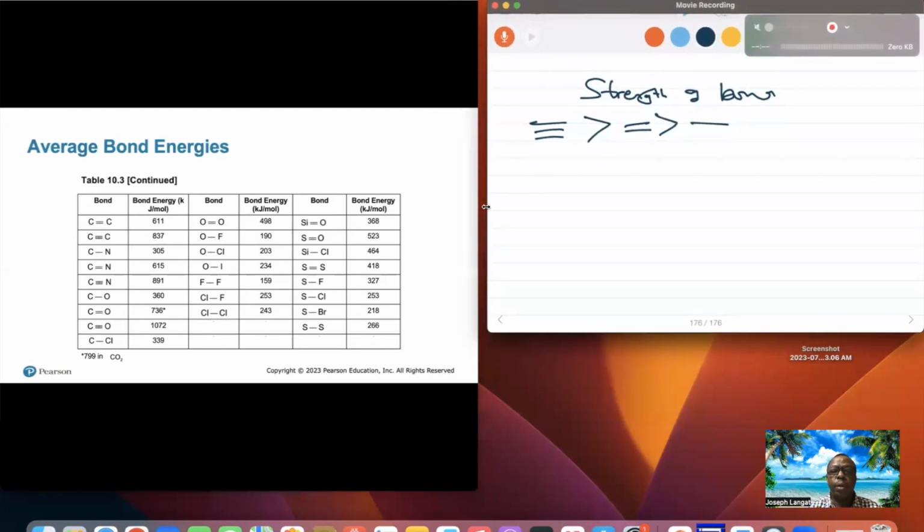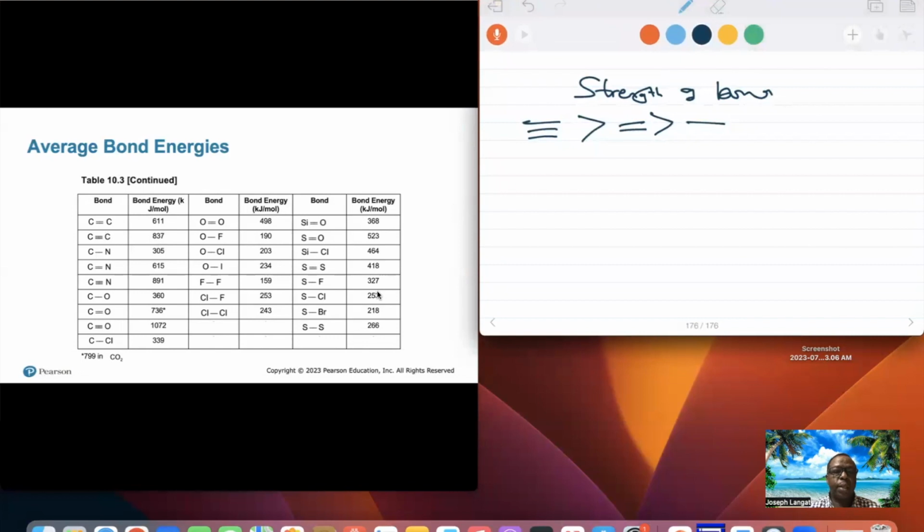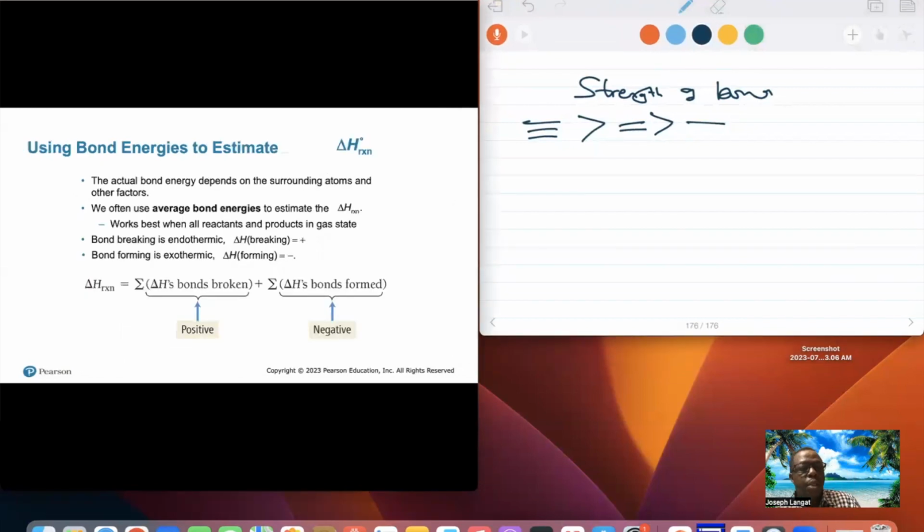Now, don't worry about memorizing the bond enthalpies or bond energies. This is the most important: I want you to look at the equation, which I'll give you in the exam. It is the summation of the bond energies broken in the reactants, which are positive, plus the summation of the bond energies formed in the products. Remember, like electron affinity, when forming it is negative, and when breaking it is positive.